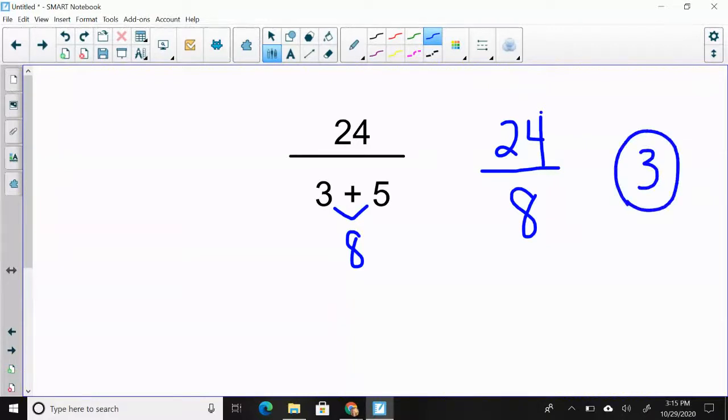And that is the answer to that solution. So when it looks like a fraction like this and you have the bar, you need to make sure that you are solving the denominator first, and then doing 24 divided by the sum or the difference or whatever is in the denominator.